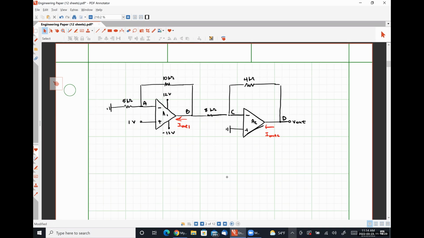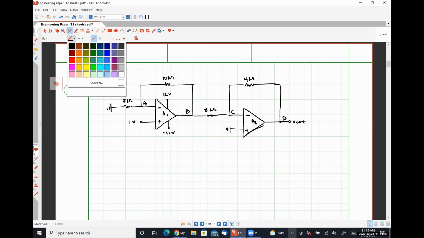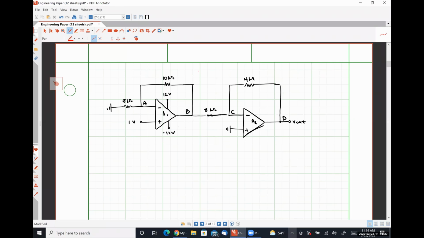So what I'm going to do here is I'm simply going to divide my circuit into 2 discrete stages. Everything to the left, I'm going to call stage 1. Everything to the right, I'm going to call stage 2.